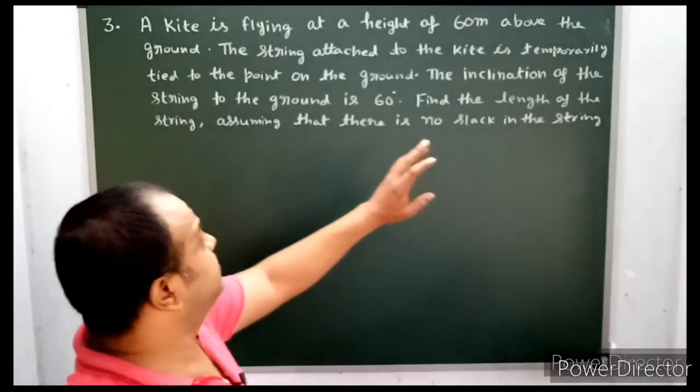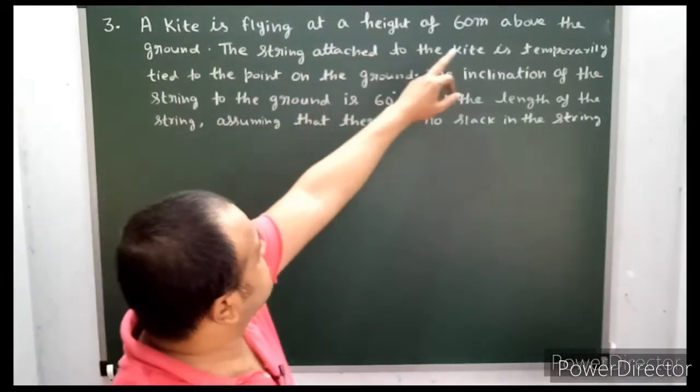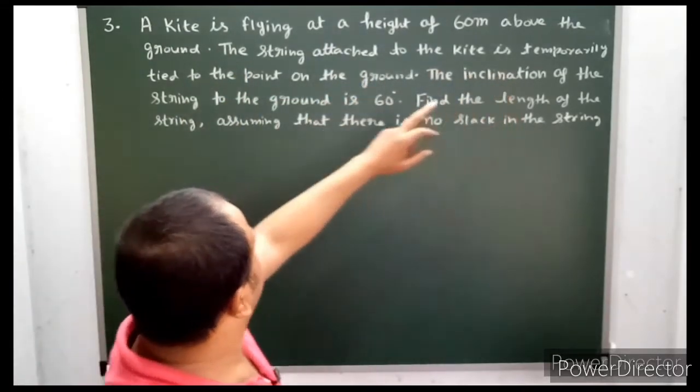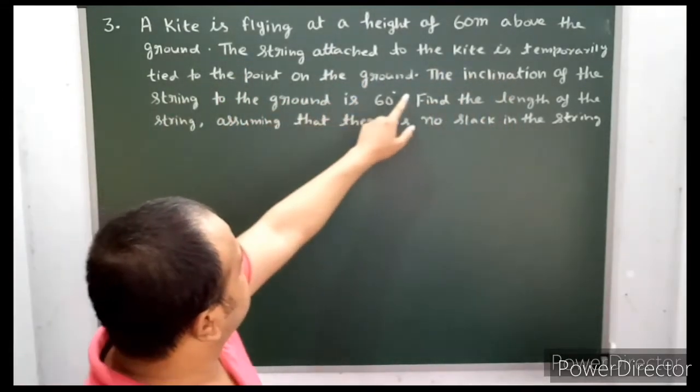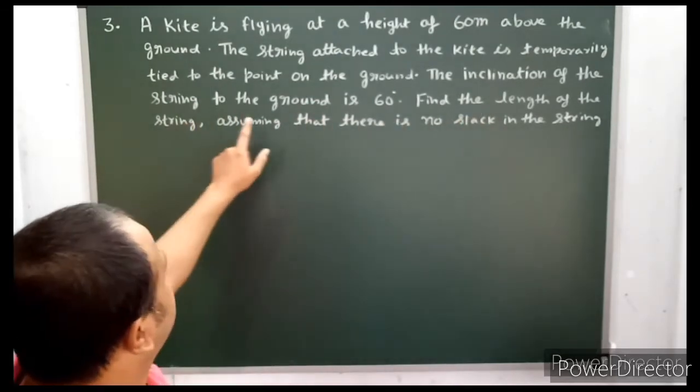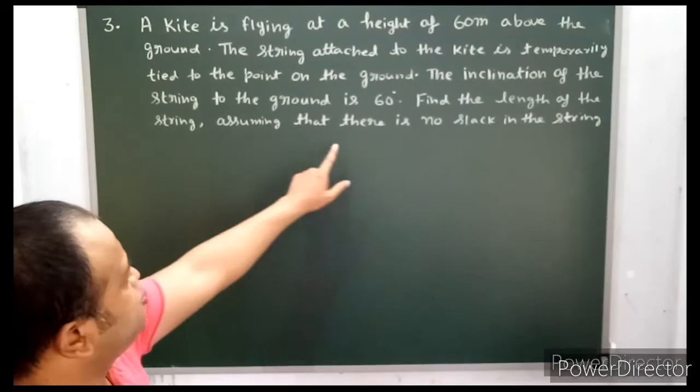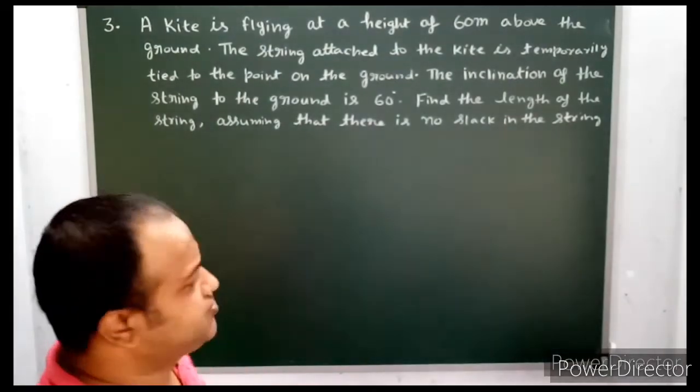In this sum it is given the kite is flying at a height of 60 meter above the ground. The string attached to the kite is temporarily tied to the point on the ground. Inclination of the string to the ground is 60 degree. You have to find the length of the string, assuming that there is no slack in the string.